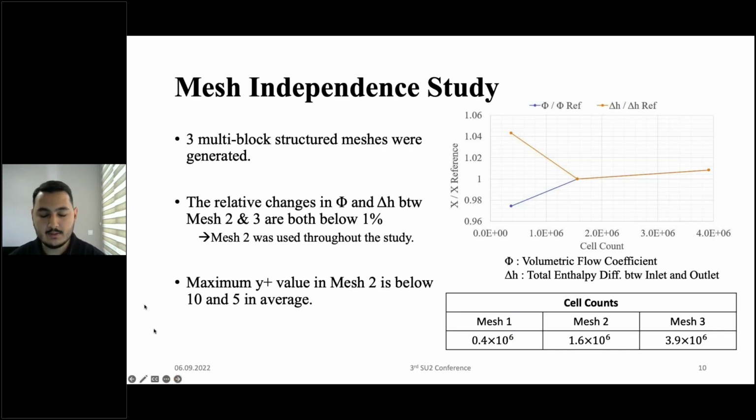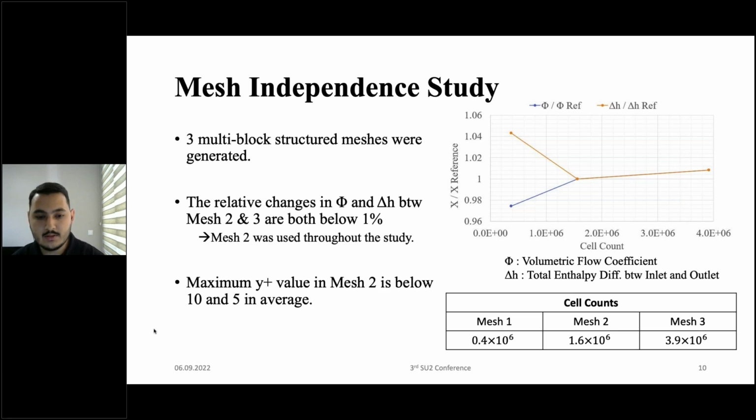For the mesh independency study, I have used 3 multi-block structured meshes, and I have used volumetric flow coefficient and the total enthalpy difference between inlet and outlet to evaluate the mesh independency.